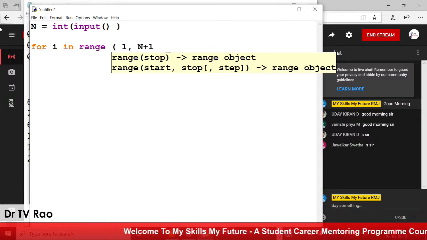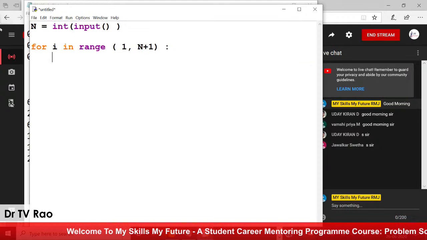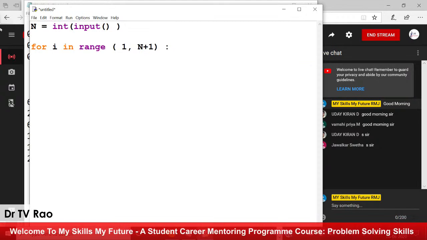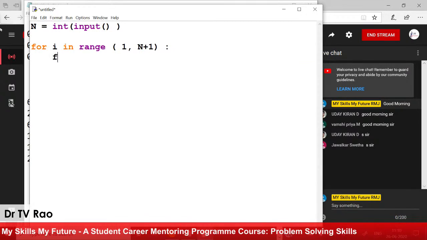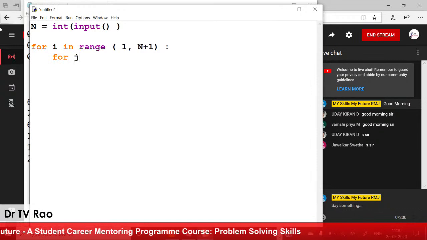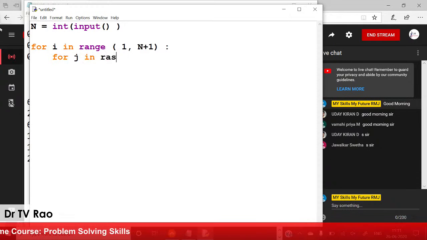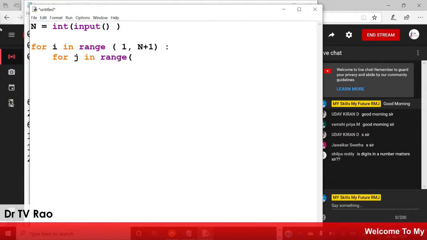Next, for j in range, in every line you have i terms. The ith line has i number of terms. So 1 to i.